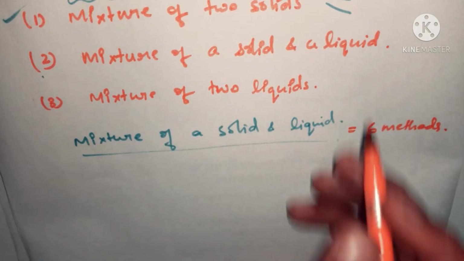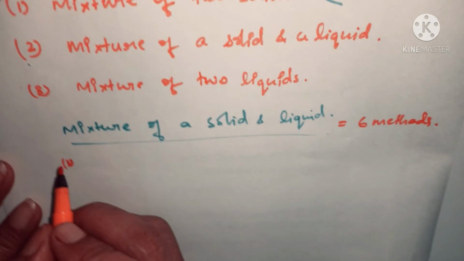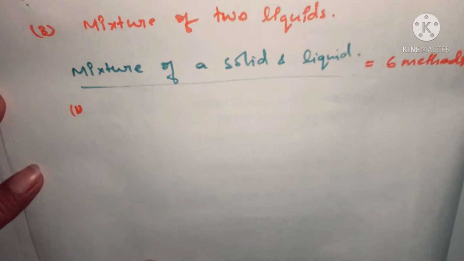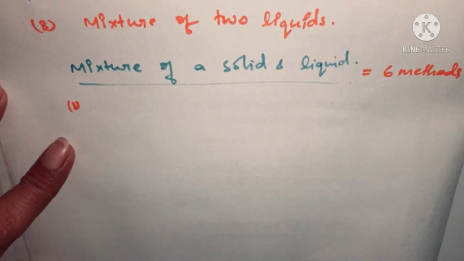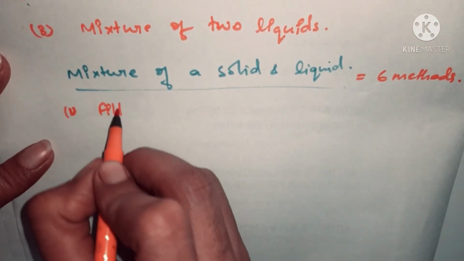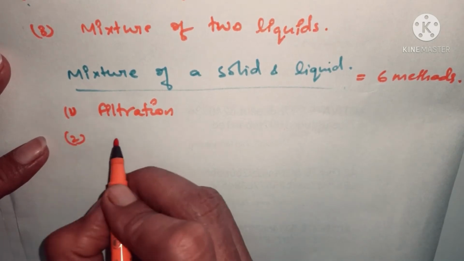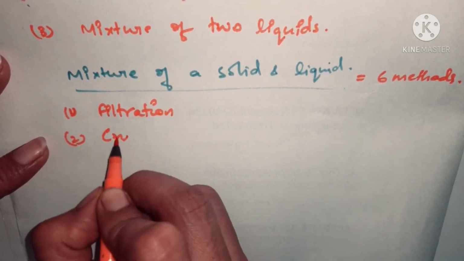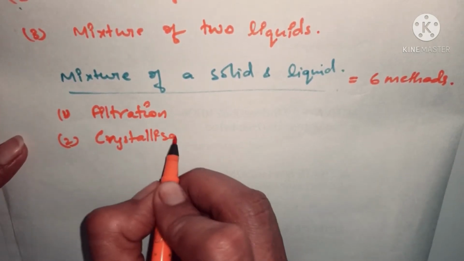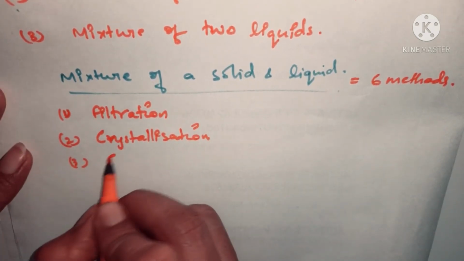In this category we have 6 methods. Though I have given this description in the previous session, I am going to tell you again, so that one by one we can deal with these methods separately. The first one is the filtration method. The second one is crystallization. The third one is centrifugation.